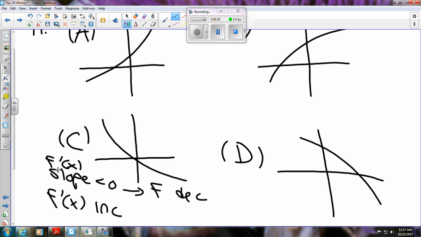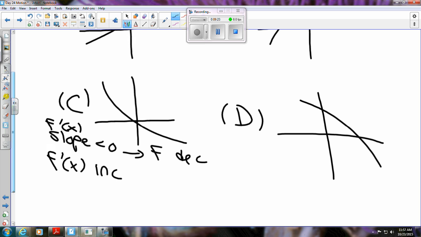If the slope is increasing, the second derivative is positive, which means the function is concave up. See, I think you're thinking magnitude, and that's what's confusing you. This is a real big negative number. Less negative, less negative, less negative. Those slopes are increasing, okay? So if the slopes are increasing, that means your function's concave up.